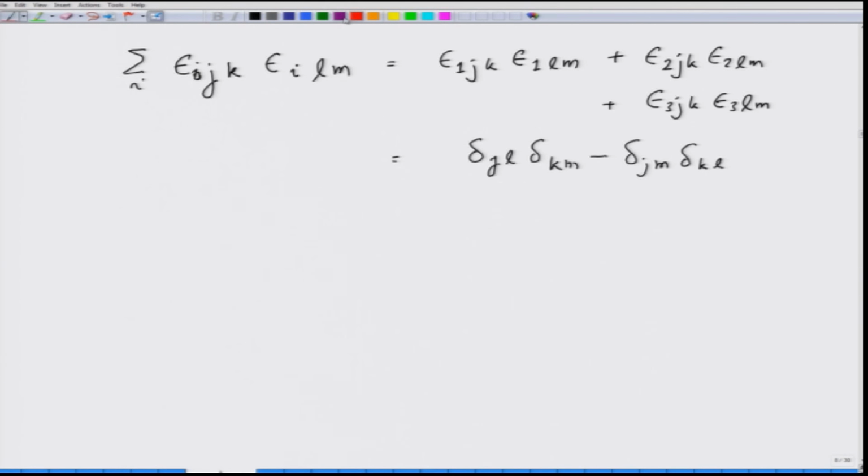What I have done is, I have taken j and l in the first term and k and m, made their delta symbols and put them here. Then I took the other combination, that is j m and k l, put a minus sign and put the other delta functions. This is a very useful identity.